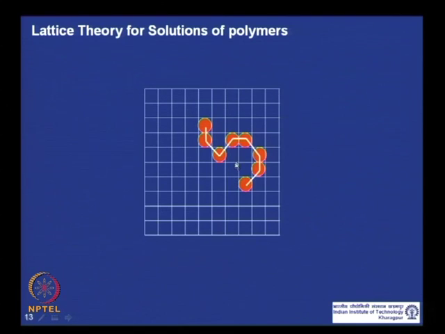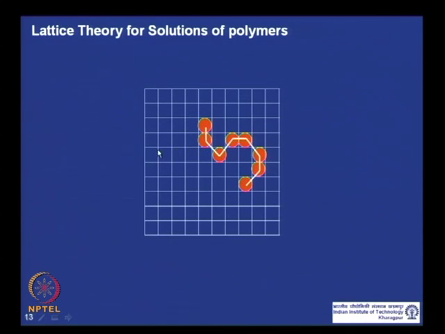So, in the true sense, the chances of finding a vacant cell near a polymer chain would be lower than at a distance from a chain, because the segments are attached.